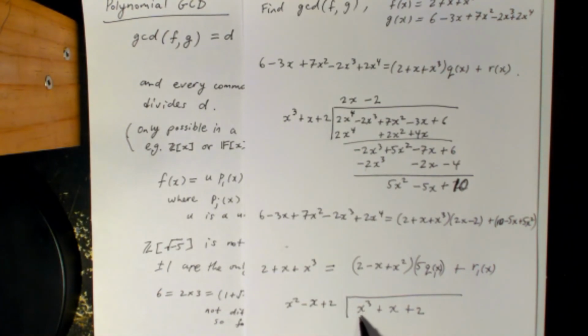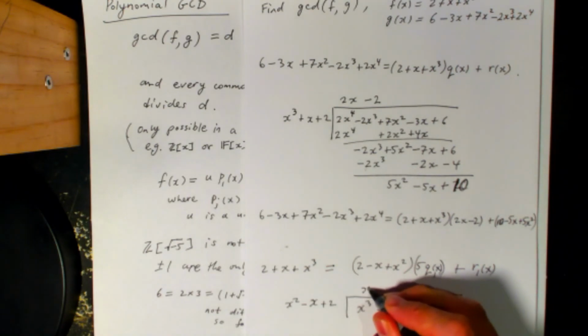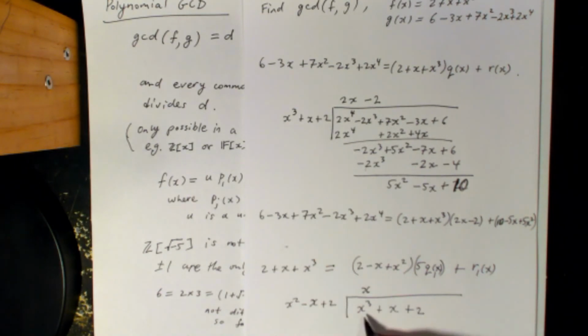Now I need an x there. X squared times x gives x cubed. So I put an x here. Then I multiply this times all of this. So I get x cubed minus x squared plus 2x.